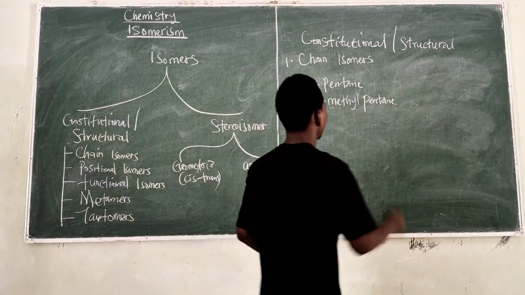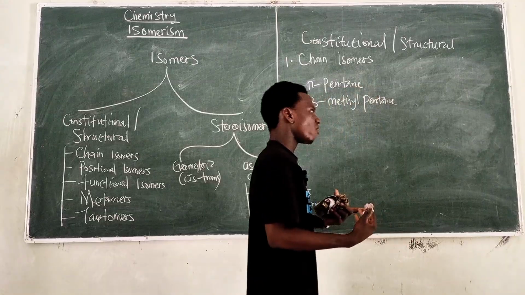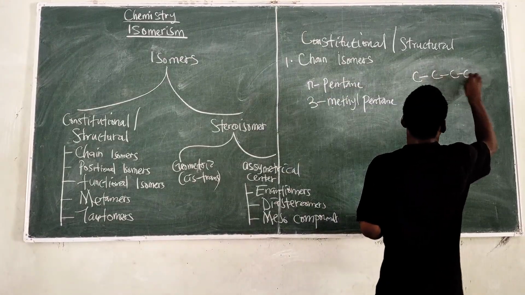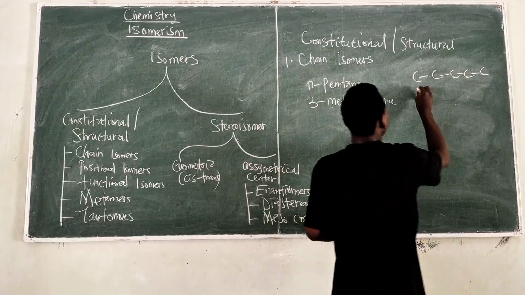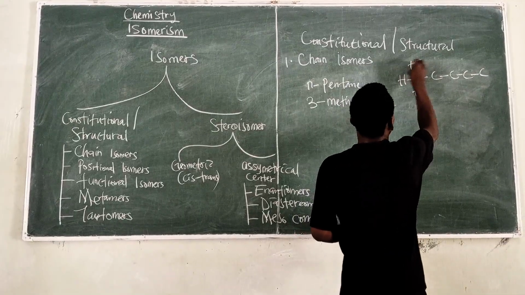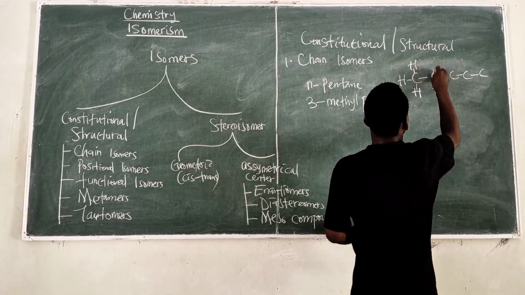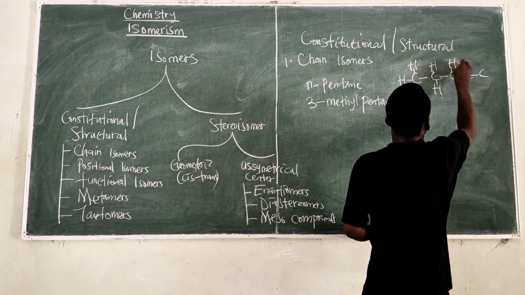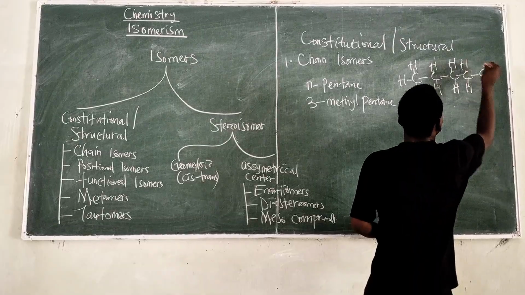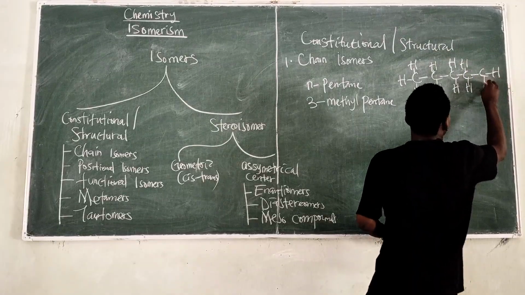So going by the structures, pent indicating 5 carbon atoms. So this is 1, 2, 3, 4, and 5. So this carbon is bonding to 3 hydrogen. This bonding to 2. This bonding to 3.